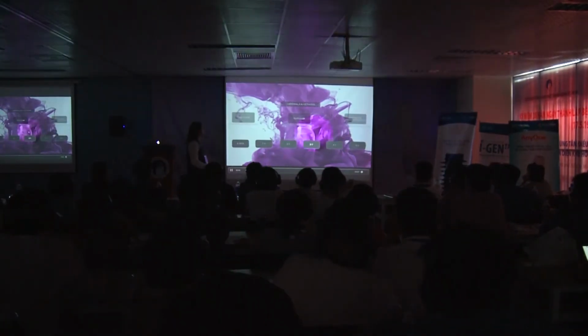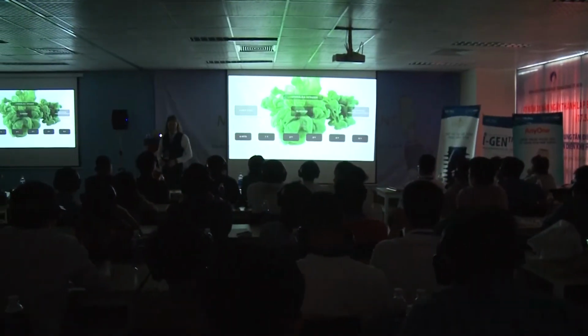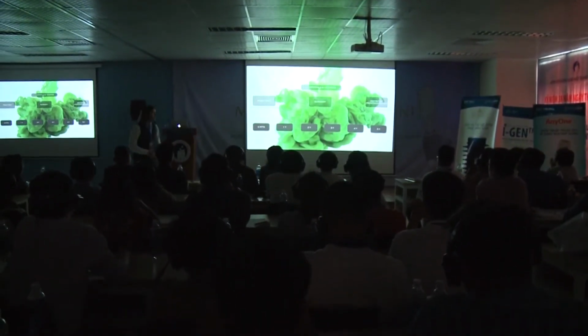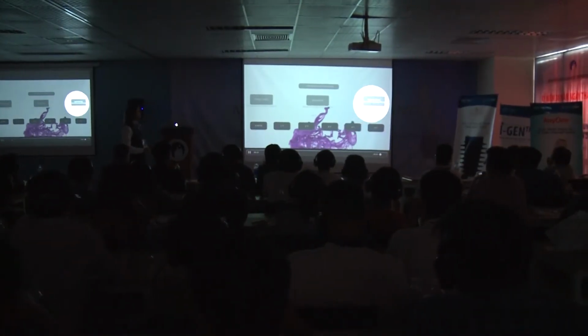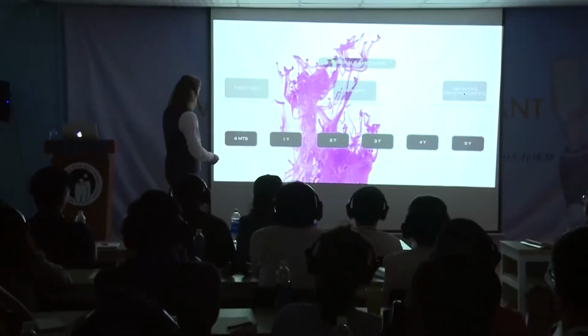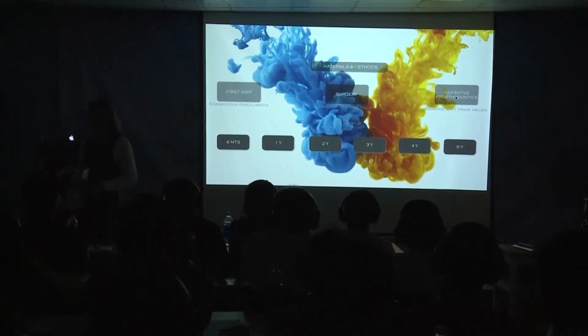The baseline for the bone values was taken at the surgery. And the baseline for the soft tissue values was at the delivery of the final prosthodontics. And then we made the follow-up at 6 months, 1 year, 2 years, 3 years, 4 years, 5 years, and so on.